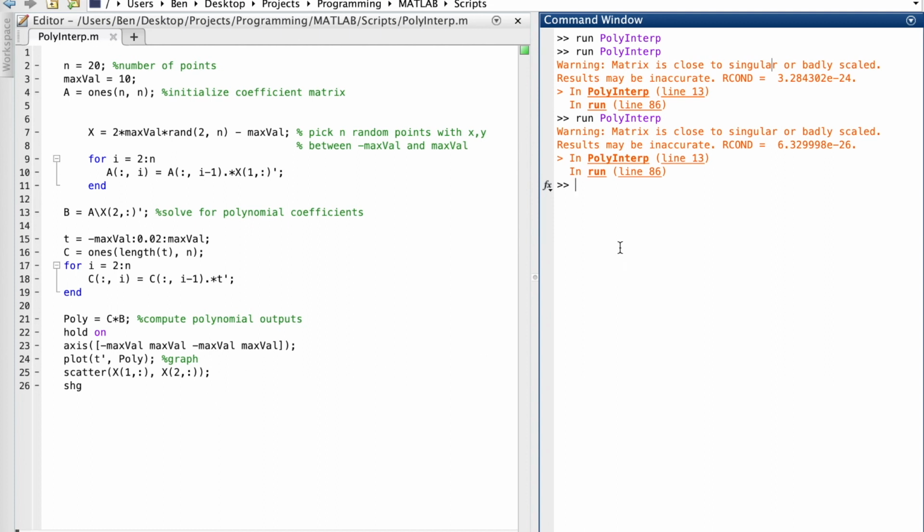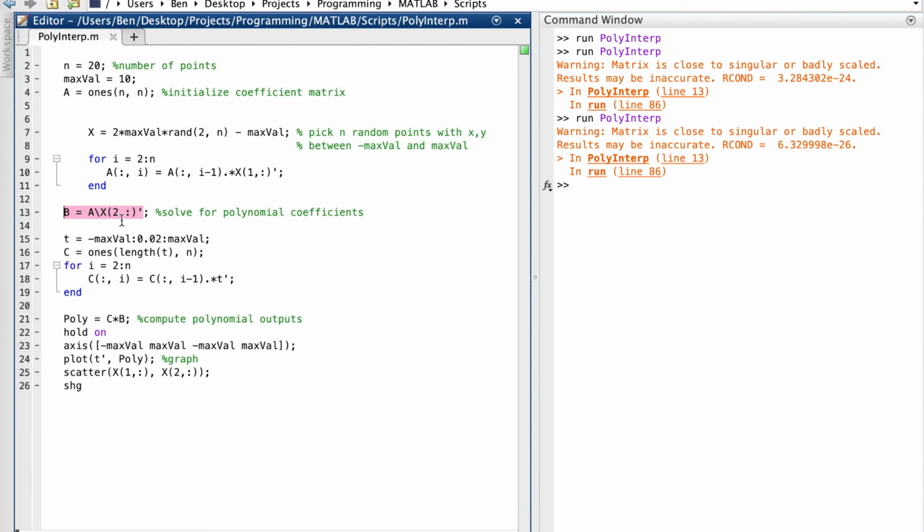And MATLAB's solver, which is essentially happening in this line, is much more dynamic and robust than Gaussian elimination, but we can still run into problems when we use a huge number of points, and again with the problem of points almost being on top of one another.